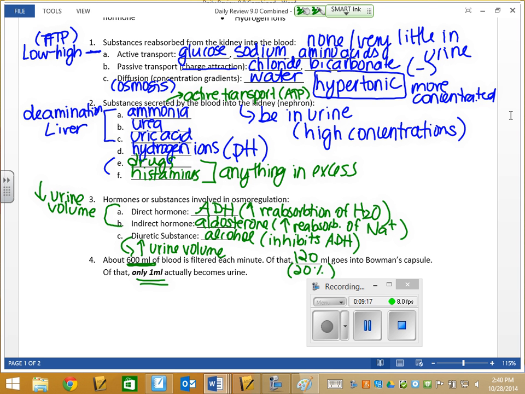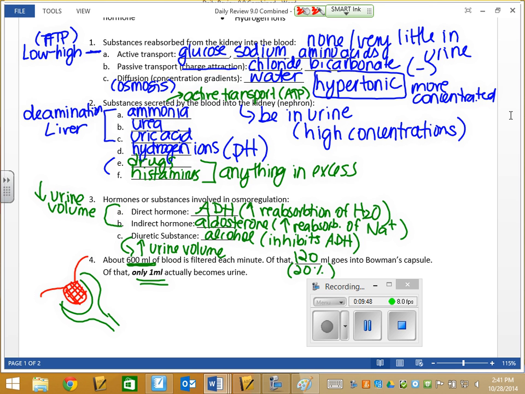Reabsorbed. Do you mean the other 80% of the blood? Oh, sorry. When we're talking about blood, if you think about what's happening, so here's Bowman's capsule. It's the beginning of the nephron. And in here is the glomerulus. That's your blood, and it's got capillaries that have pores in it. Not every milliliter of blood can fit through the pores. So some of what's left over would be structures that are too large, like red blood cells and protein.